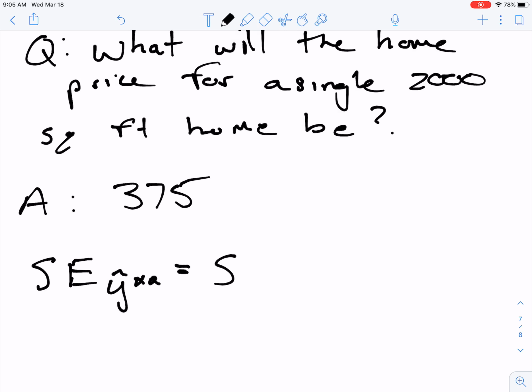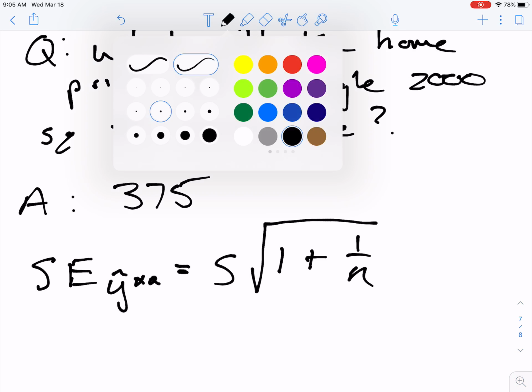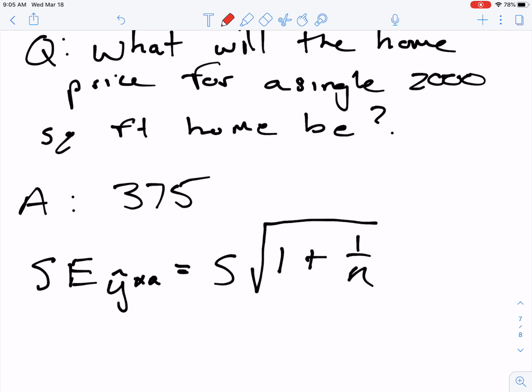And so we're going to have s, that's the square root of SSE over n minus 2, times the square root of 1 plus 1 over n. So this all looks pretty similar so far. The only new thing here relative to the standard error when we were looking at the average before is this 1.